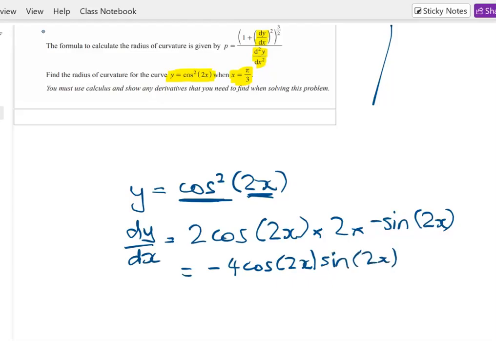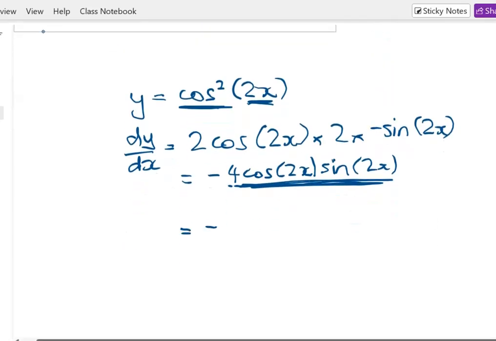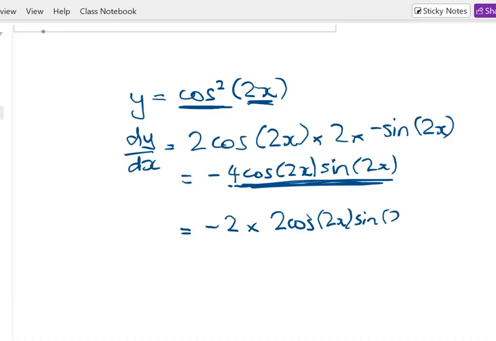But when we look at this, hopefully you spot straight away that we've got a double angle sine thing going on here. So it's actually better to leave it as negative 2 times 2 cos of 2x sine of 2x. And all of this is equal to negative 2 times sine of 2 lots of this, so sine of 4x.